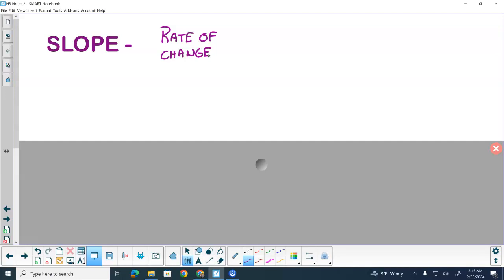Probably the line. Yep, I like the line better. It's the rate of change of a line. We had broken that down, instead of 6 words, into 3 words. What did we break down slope into? Rise over run.